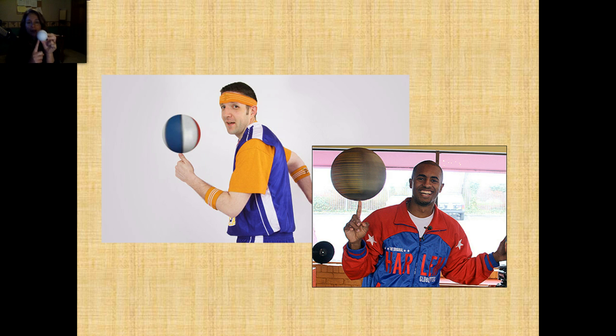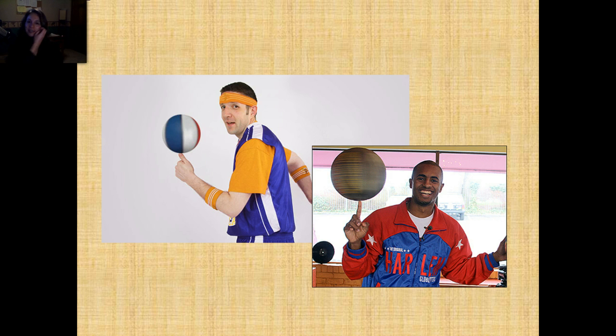Just like I cannot physically spin this ball and balance it with my finger underneath it, but underneath a point that's off the center as such. If I did that, the ball is going to fall.